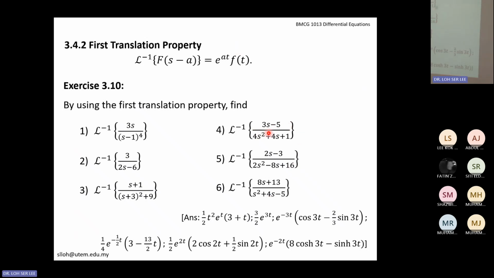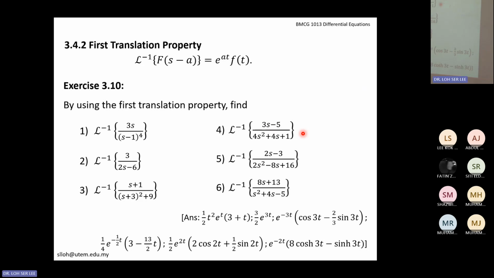If the quadratic function from the bottom part can be factorized, you can also use partial fraction to solve the inverse Laplace. But if it is not factorizable, we have to use completing the square.